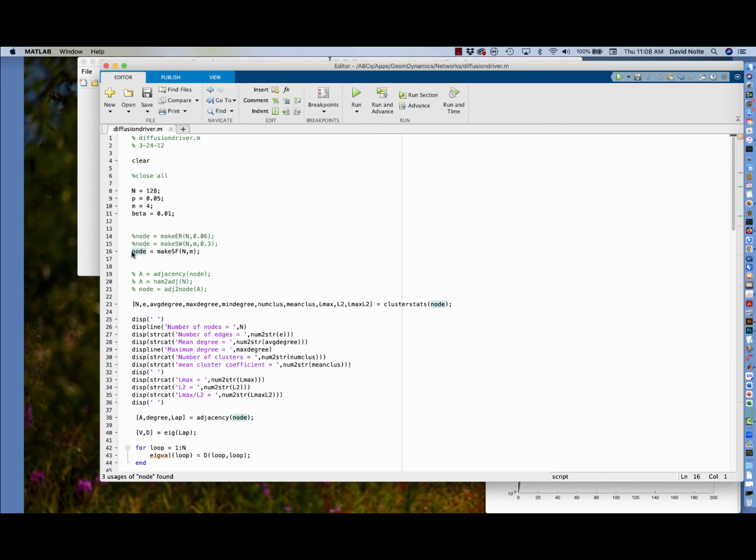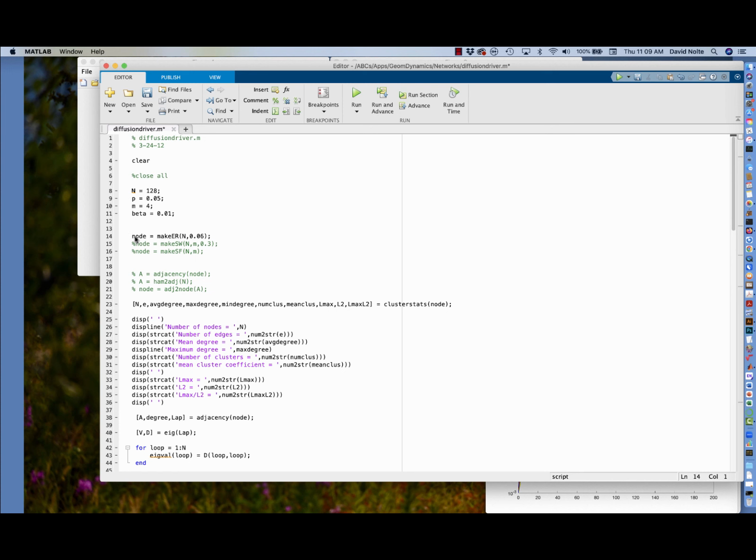But they're all going to have roughly the same average degree of around 8, so about 8 connections per node. They have the same average degree, but of course you know that the degree distribution is quite different for the ER, SW, and the SF.